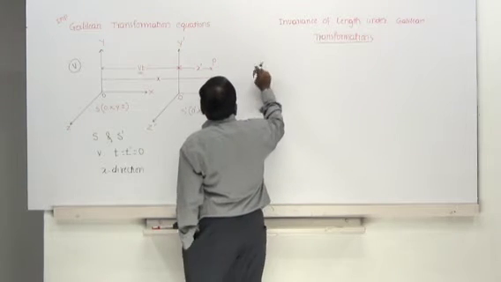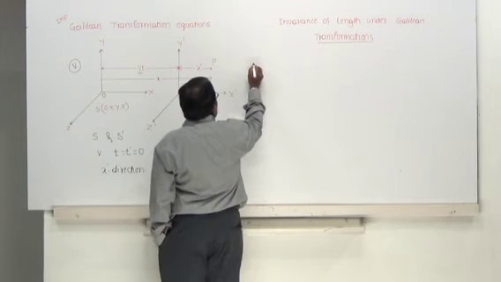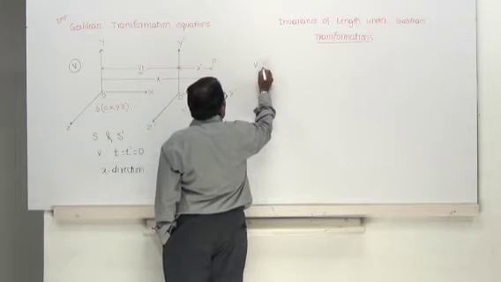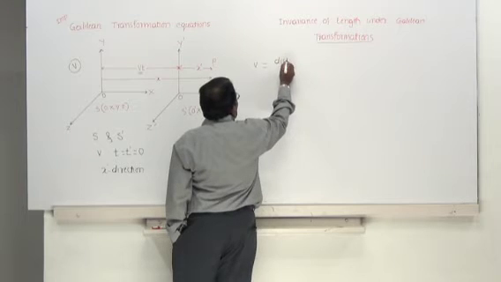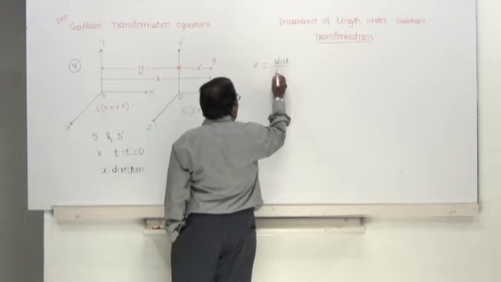Now we know that velocity is equal to distance upon time.